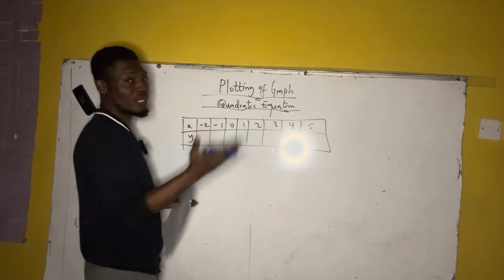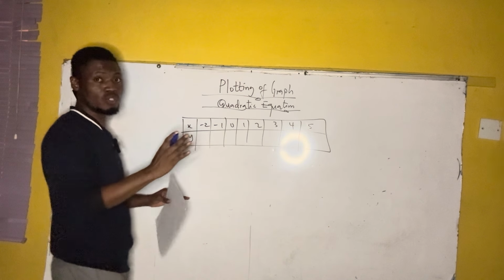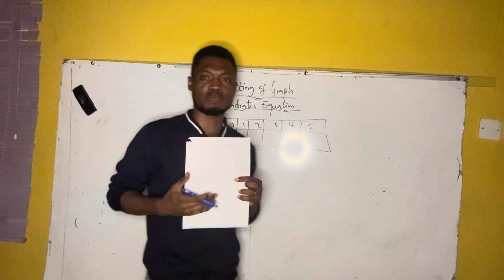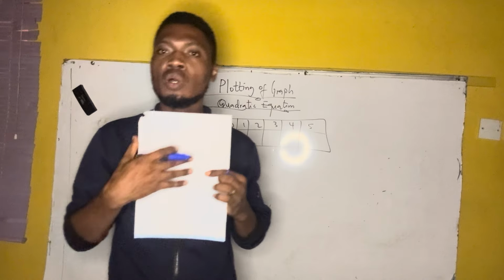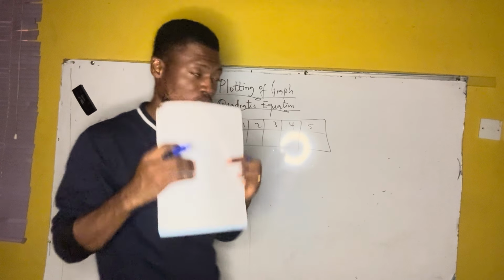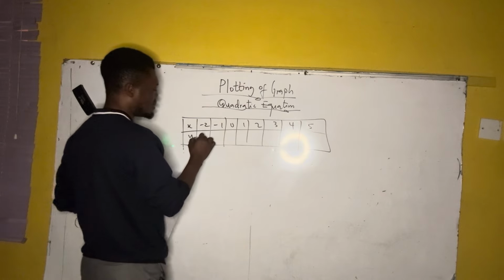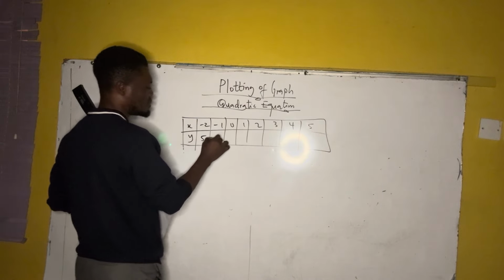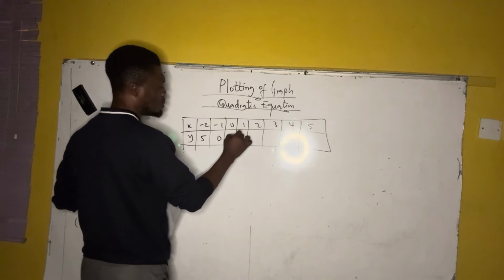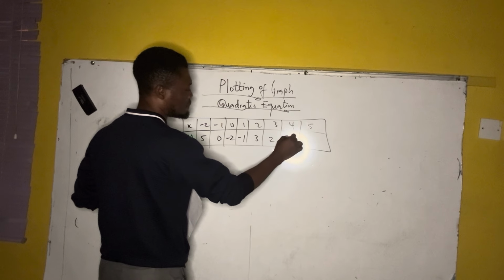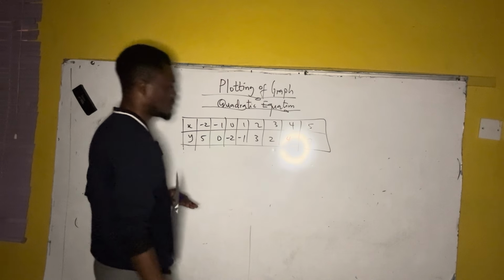Now you know how to get a y value. I'm just going to extrapolate values, figures. I'm not going to use a real figure, but the aim of this class is for you to know how to plot your graph. So let's assume this is 5, 0, -2, -1, 3, 2, 4, and let's say 7, for example.